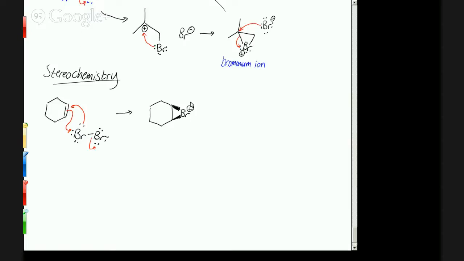So when we draw that, what that means is that this other bromine that comes in ends up being on the other side.